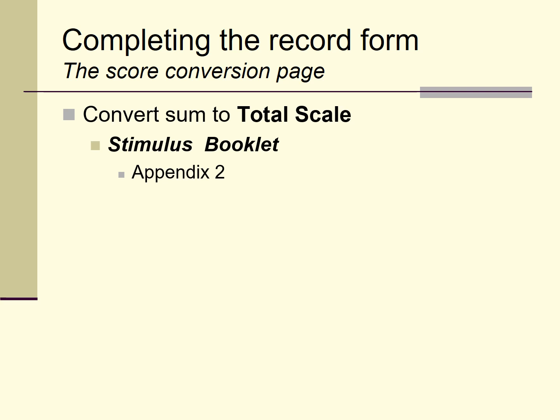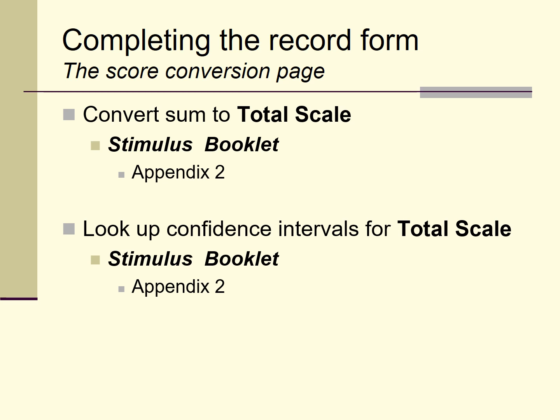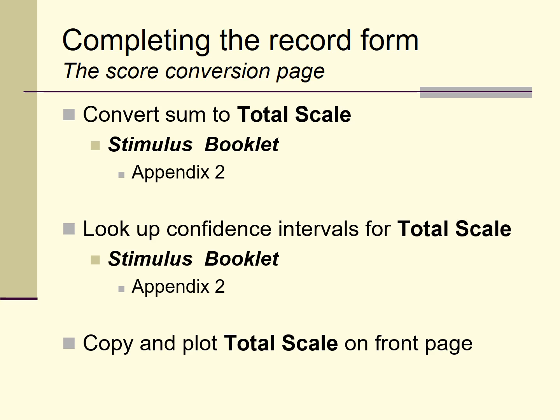It's almost all in Appendix 2, and so it's pretty quick to do these kind of calculations and conversions that I'm describing. In fact, as I'm sitting here talking to you, it's almost more confusing for me to explain how to do it than if I could just show you if you were in my classroom. It's pretty easy. Once again, you can look up confidence intervals for the total scale. Those are in the back of the stimulus book as well, and you can copy that to the front page.